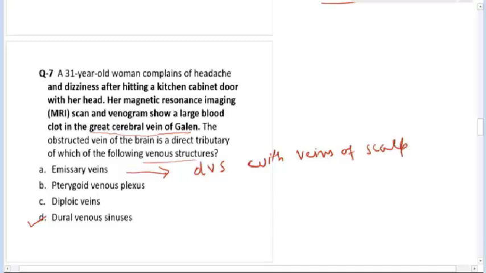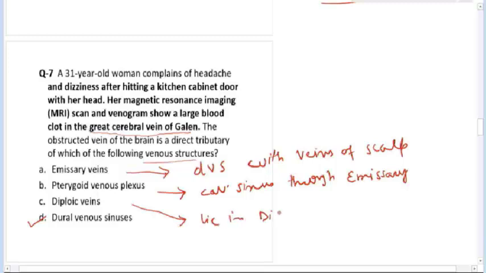Pterygoid venous plexus communicates with the cavernous sinus through emissary veins. Diploic veins are the veins which lie in the diploe of the skull.